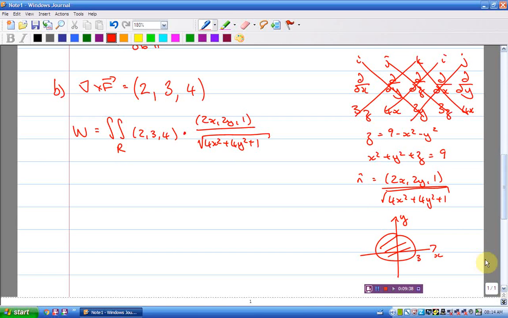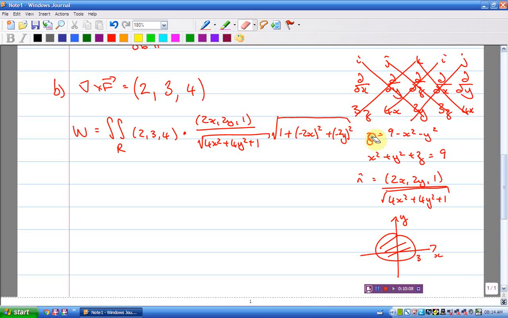And I'm going to need a conversion factor. I'm projecting onto xy, so the two derivatives in my conversion factor are going to be x and y derivatives, so I'm going to have to make z the subject. Of course, z is quite comfortably already the subject, so my two derivatives are going to be minus 2x and minus 2y. So my conversion factor is the square root of 1 plus minus 2x squared plus minus 2y squared, dA.